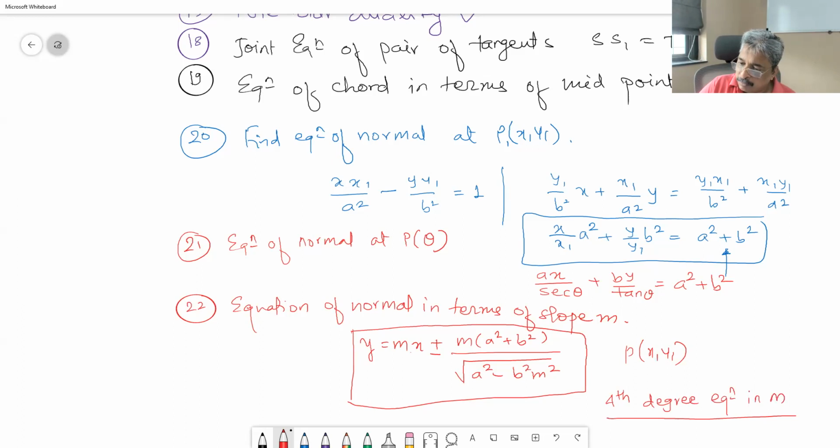And therefore 4 normals, if everything is fine, 4 distinct normals would be possible, and there are again cases.